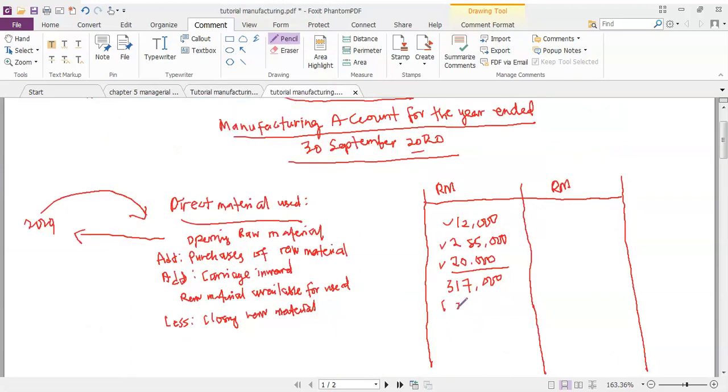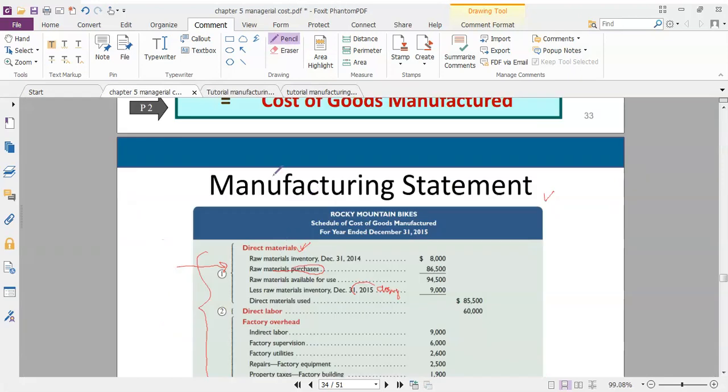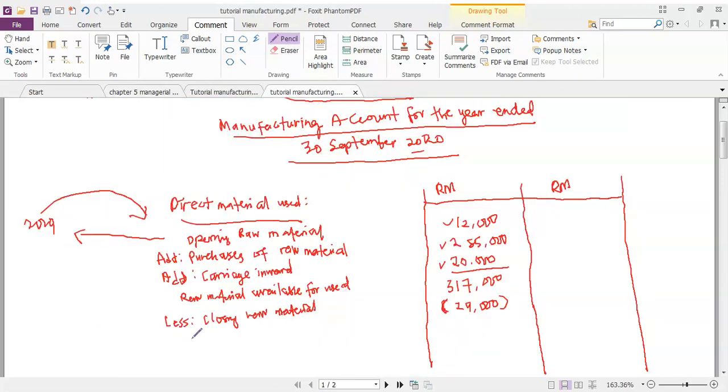So you less, kena letak kurungan bracket, okay. In bracket is show that the amount we should less or we should deduct. Okay. So that how much is the direct material used by the company.